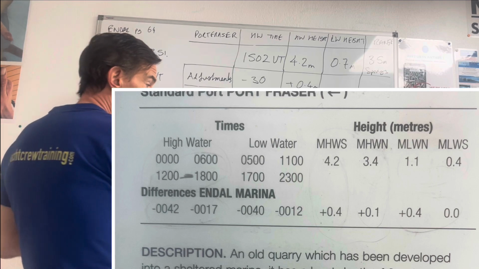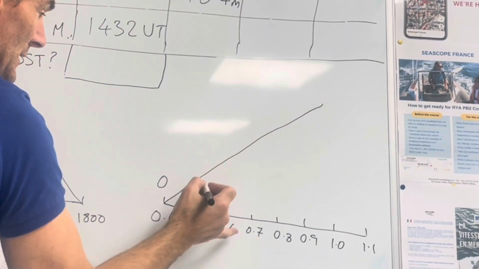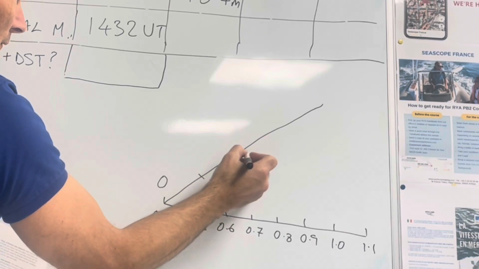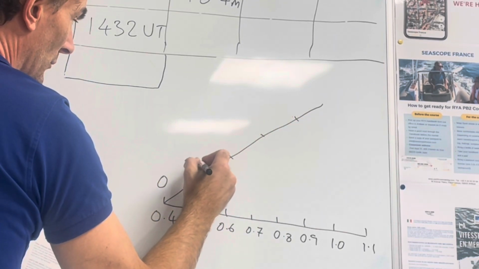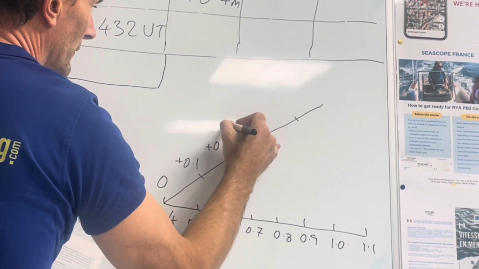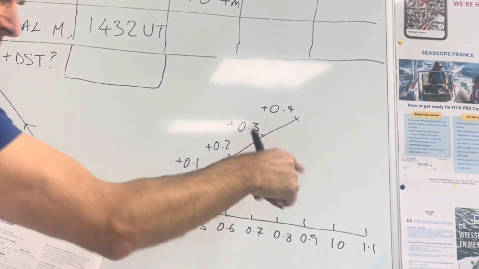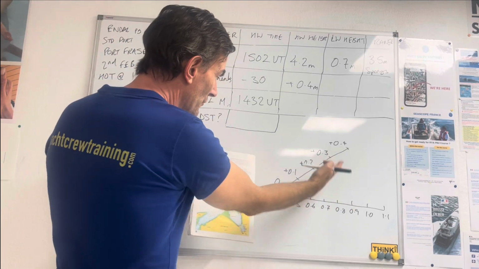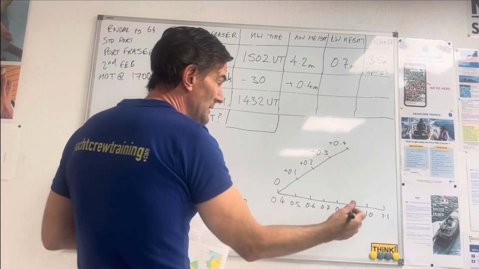So I need a line that can cover between 0 and 0.4. So we're simply looking for 4 notches, evenly spaced, which we would call plus 0.1, plus 0.2, plus 0.3, plus 0.4. I leave the pluses in there. It just helps to remind you that these are low water heights and that these are adjustments.